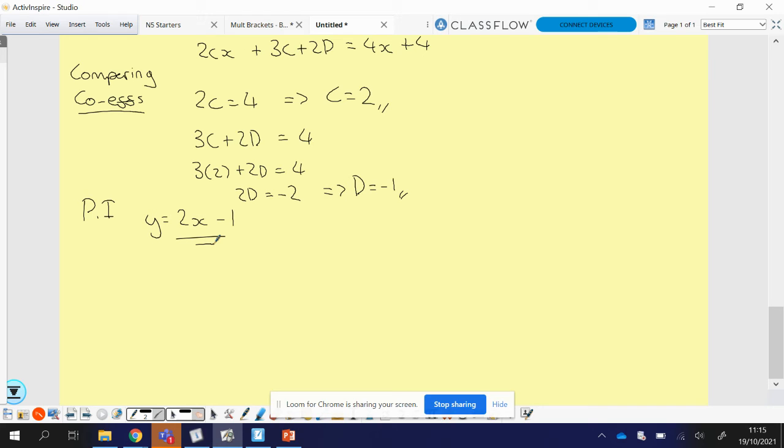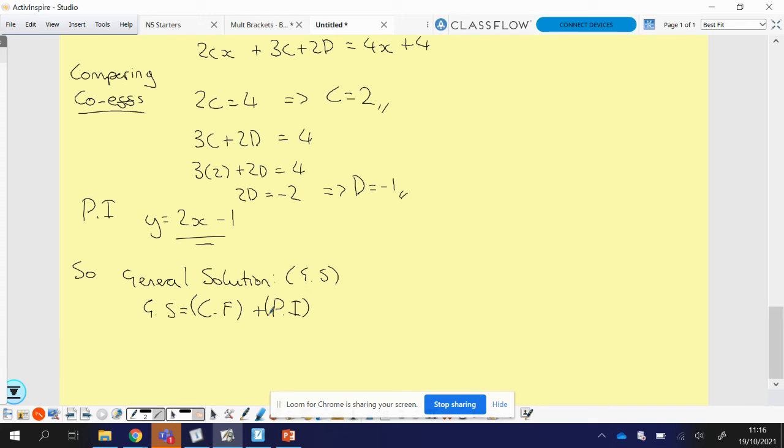So this question asks me to solve the equation. I now have all the information I need. So the general solution to my question, which we know is GS, is the complementary function that we had, plus the particular integral that we've just solved for as well.